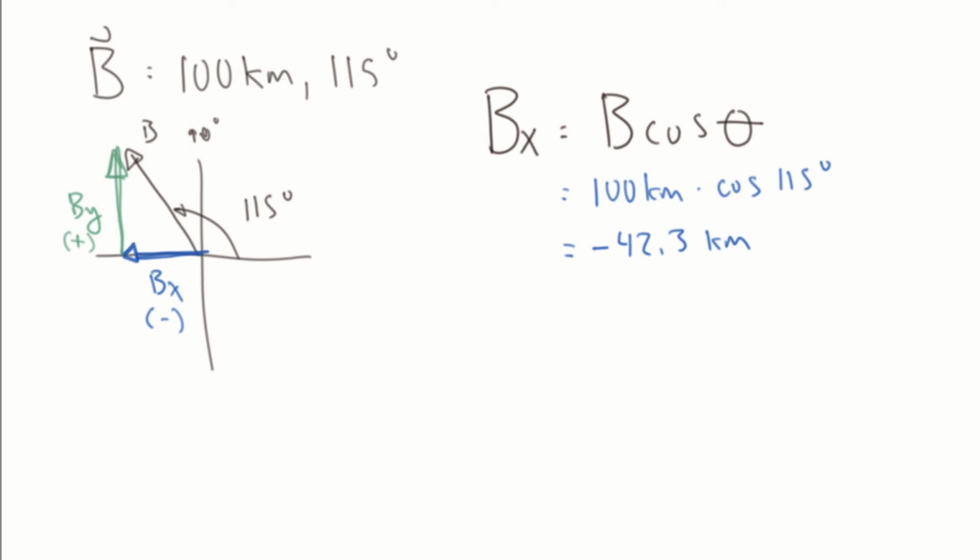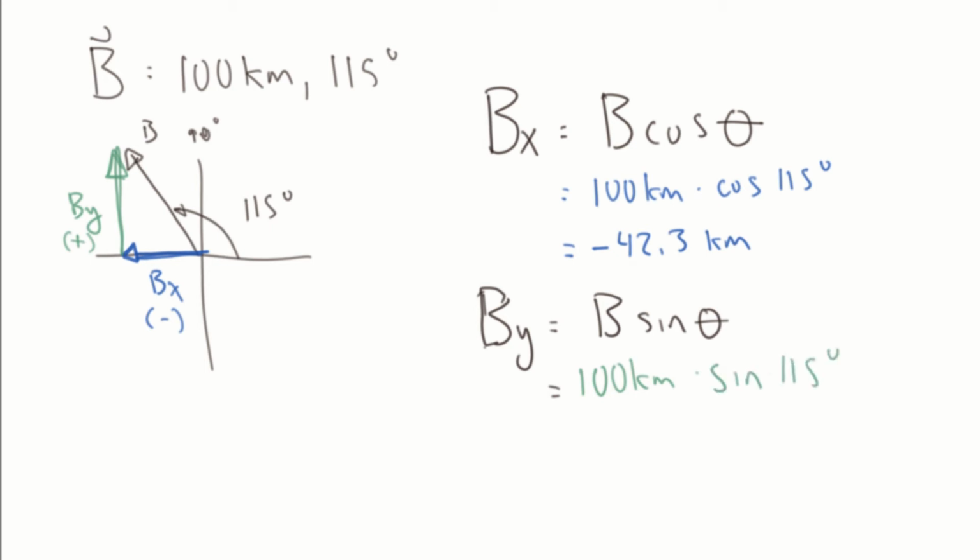Solving for By, so I managed to mangle my B, there it is. So By is going to equal B times sine of theta. Again, B is the magnitude, so that's 100 kilometers. And then we just have the sine of 115 instead.